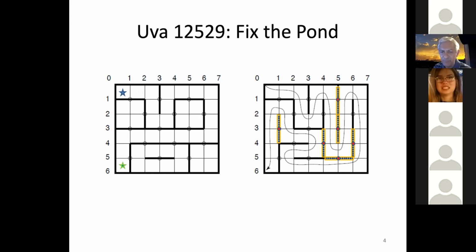Now, do you even believe that? Why would there be a path from the blue star to the green star always? It turns out that this is not so easy to figure out.